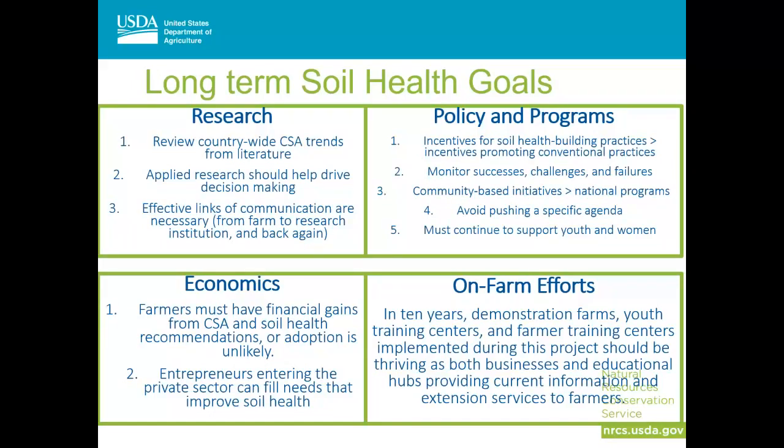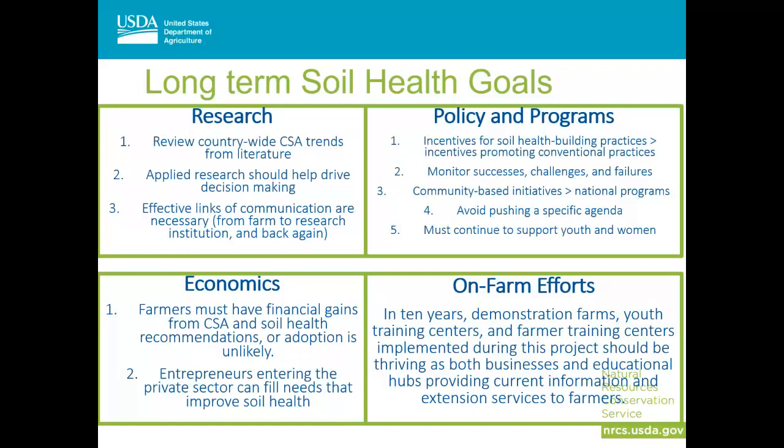Policy and programs. One of the ones that we came up with was that incentives for soil health building practices should be greater than or at least equal to incentives promoting conventional practices. Economics: it's really important that farmers are experiencing financial gains from CSA and soil health recommendations, or else adoption is unlikely and impractical and not benefiting them.